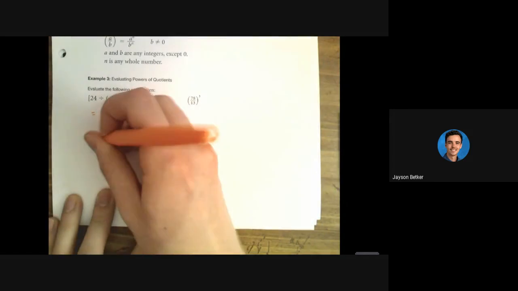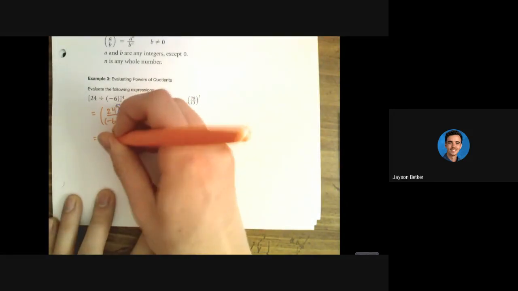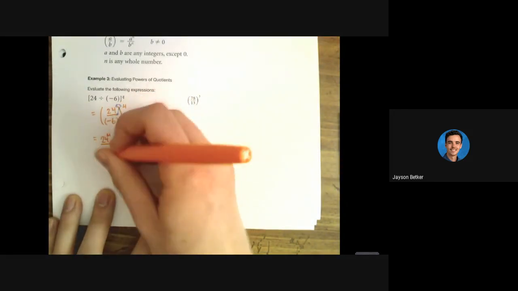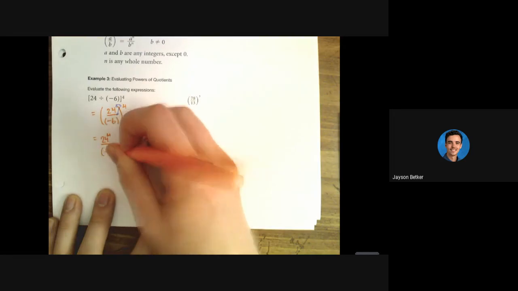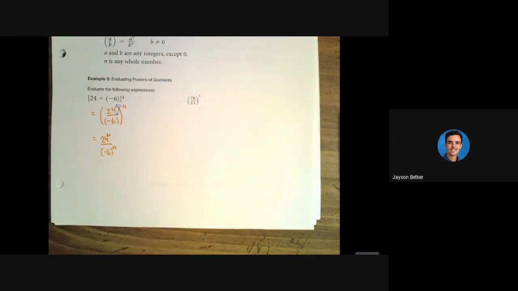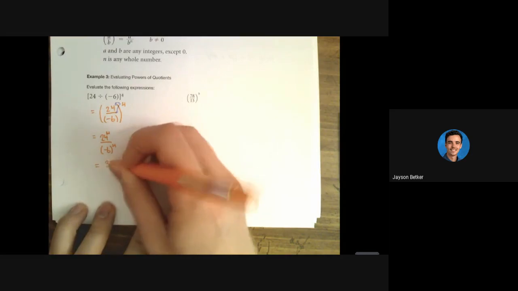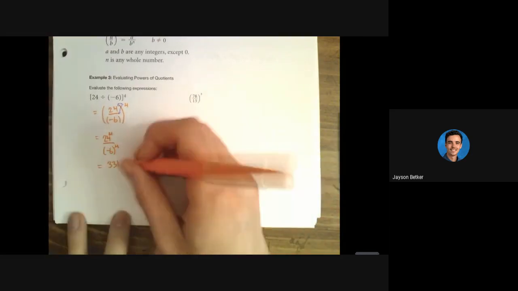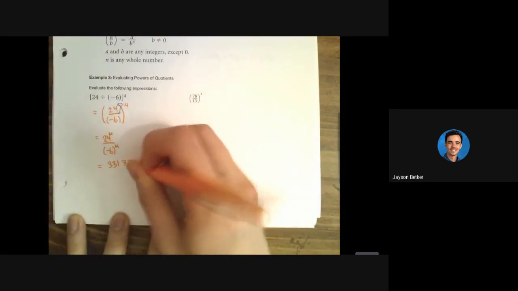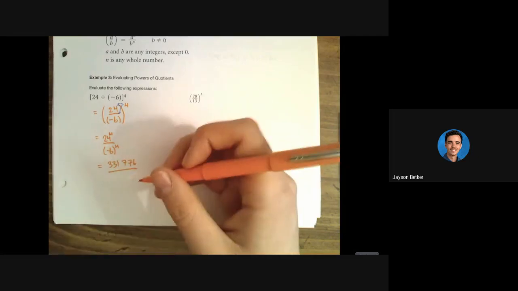So this becomes 24 to the 4 over negative 6 to the 4. Now we just need to do these two parts separately in our calculators. 24 to the 4, I've already done it in my calculator, is 331,776 divided by negative 6 to the 4, which is 1,296.